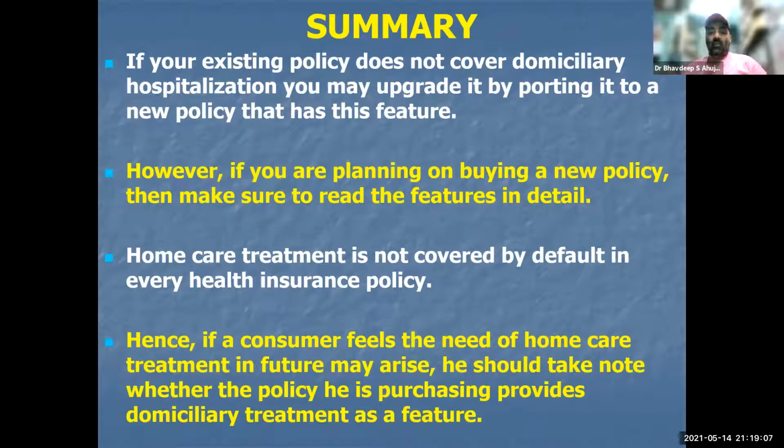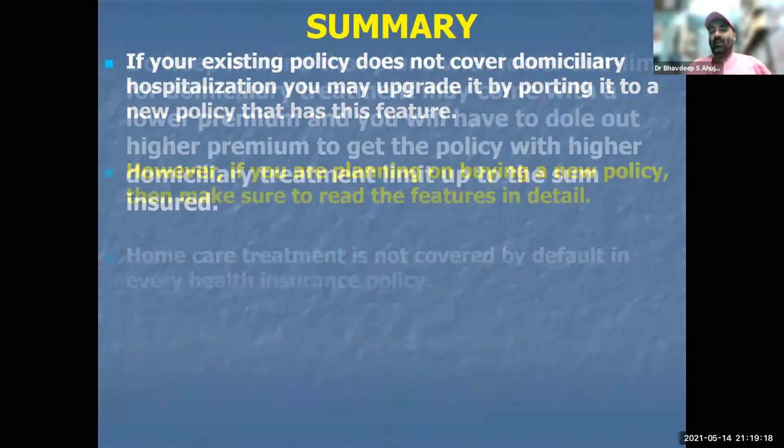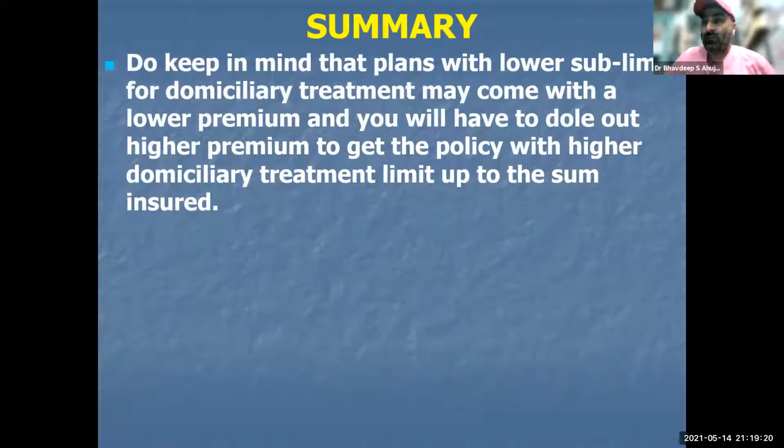You need to make sure that it is there in your list as well, because otherwise it is not a default thing. This is used as a differentiation factor. So don't treat it on your own. Have a recommendation from a doctor, then only you will be allowed a claim.